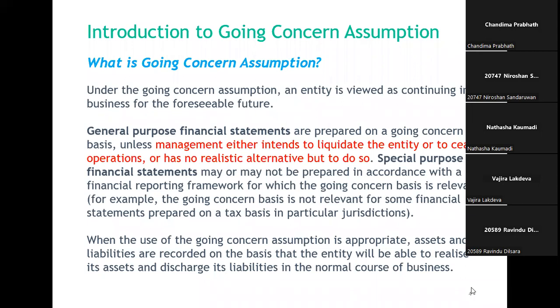In the Sri Lankan context, we prepare the general purpose financial statements in accordance with the accounting standards. And then for tax purposes, they take the accounting profit, add certain expenses, deduct certain income, and allow the disallowed and allowed expenditure.